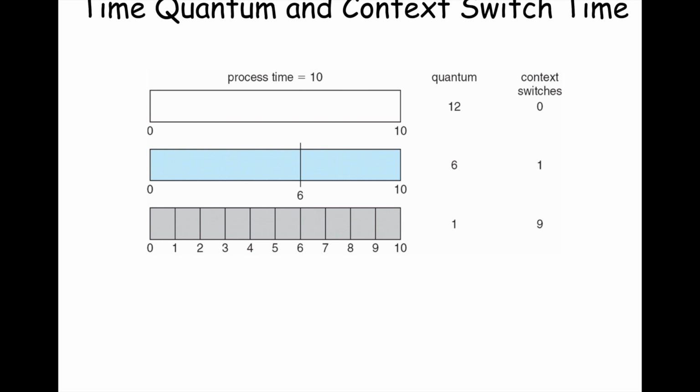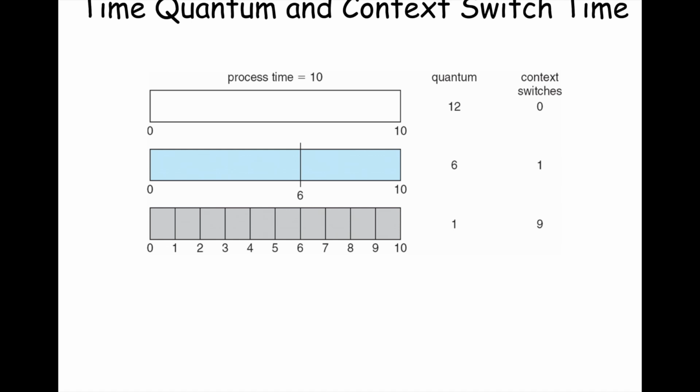And when that quantum expires, that marks one context switch, and that's when the dispatcher actually does that shuffling of information between the CPU and the process control blocks in implementing that context switch. So during that one context switch, no work gets done. And once the context switch is done, another 6 milliseconds worth of quantum is used to measure this process.